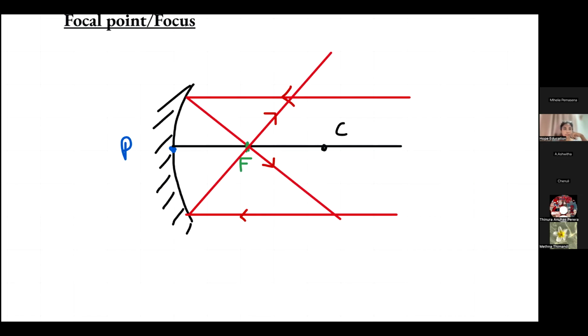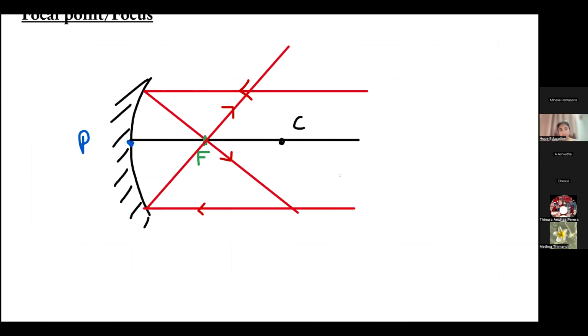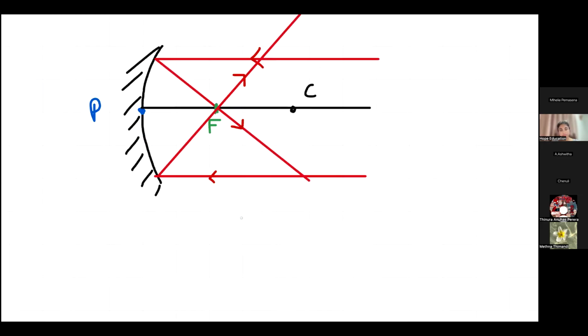Quickly draw this one. F is the focus or focal point.